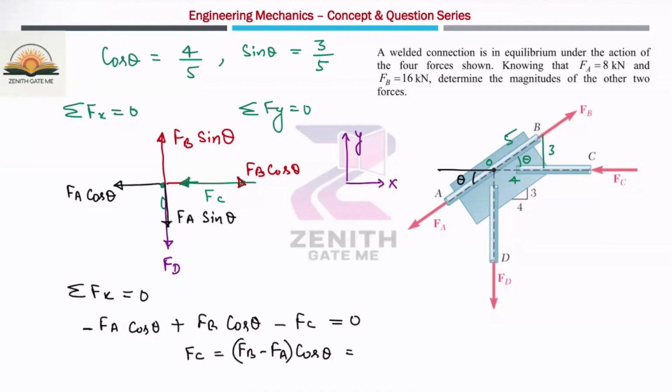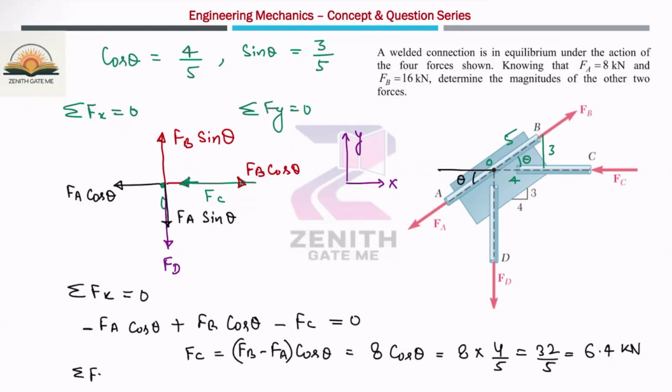So what is the FB value? FB value is 16 and FA is 8. So this value will be 8 cos theta, which is nothing but 8 into 4 by 5, 32 by 5. That means approximately 6.4 kilonewton. So this is the FC force. Now you have to calculate the FD force also. So take the summation of force in Y direction.